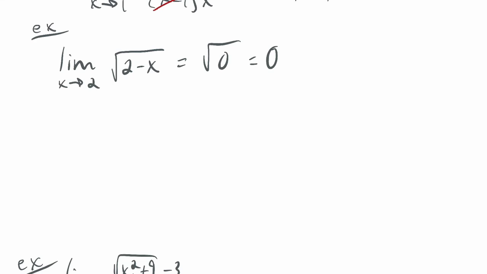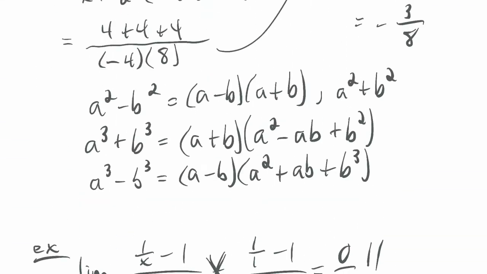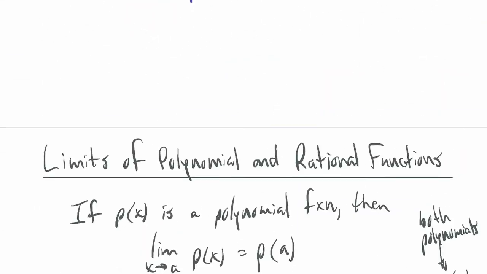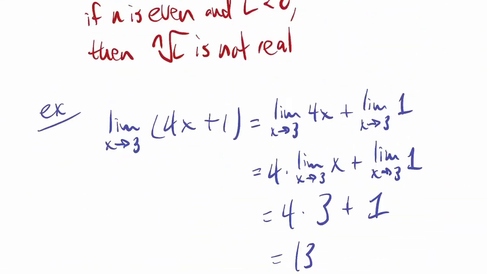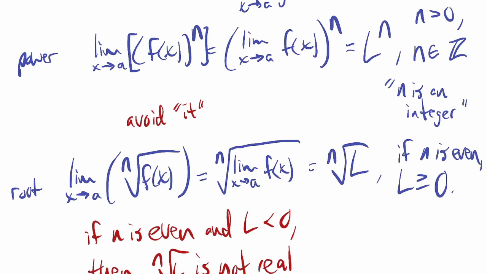So up here in those properties, this really, let's make an amendment. Let's say not equal to, because if L equals 0, there's an exception.